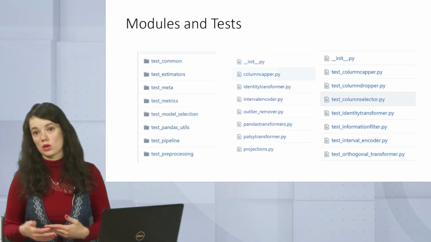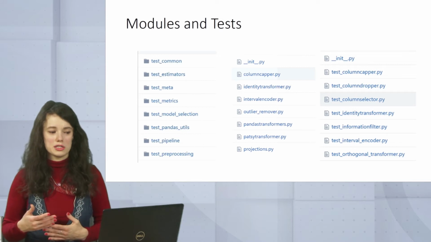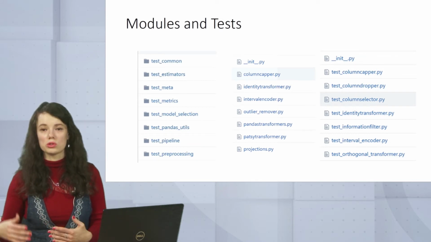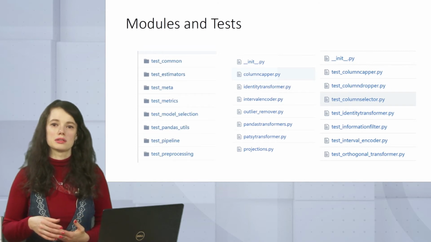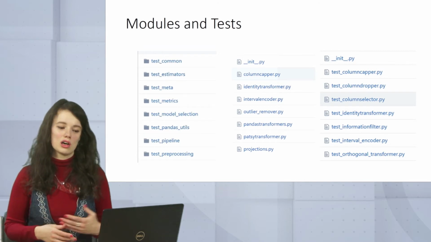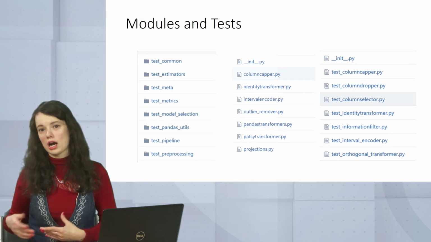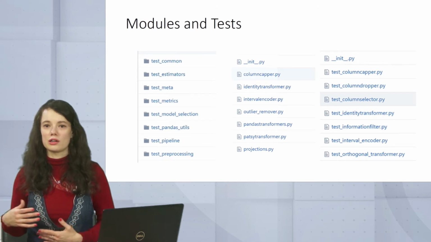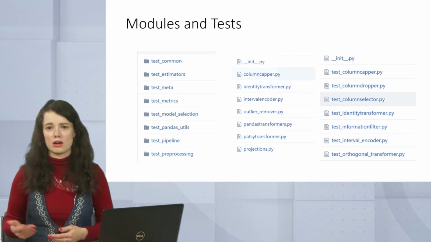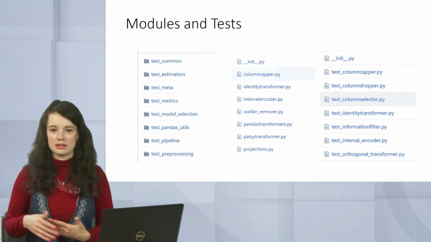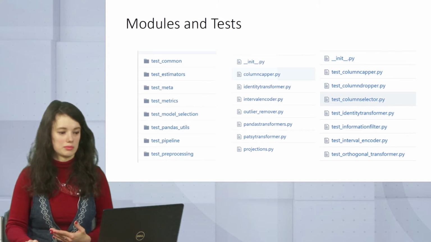About organizing your tests. You are writing modules, and to these modules you are writing the tests. It's convenient to have the folder tests in your root, which contains the tests which are named after the module names. Like when you have the module preprocessing, the test will be in the module test preprocessing.